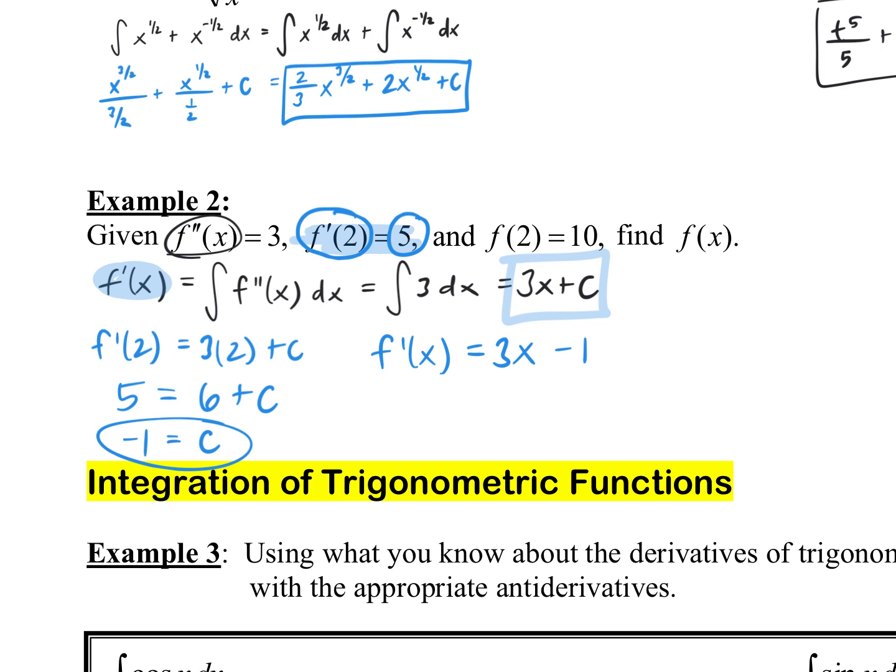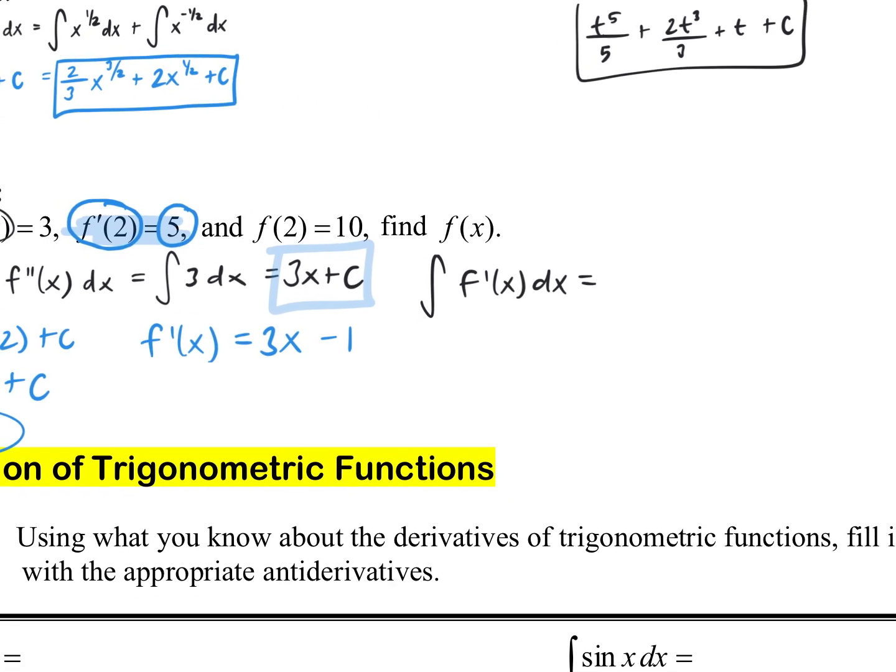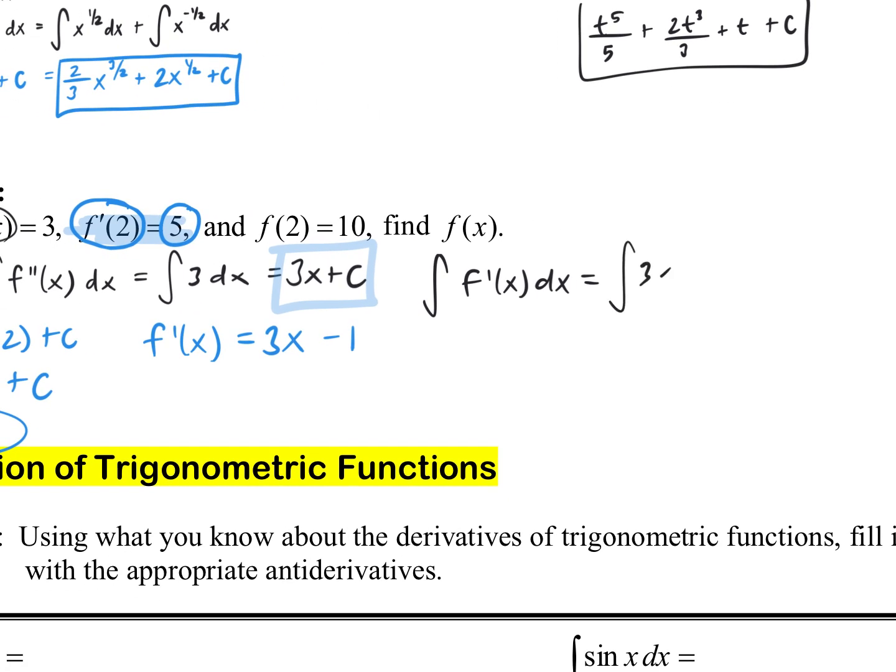But I want to find f of x, and I have f prime of x. So to find f of x, I can take the integral of f prime of x. Let's rewrite this on the side. The integral of f prime of x dx is equal to the integral of 3x minus 1 dx. We can evaluate that.